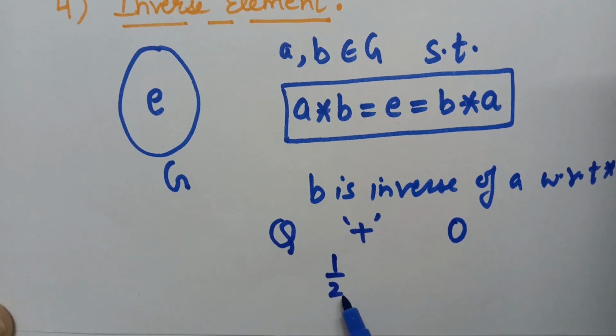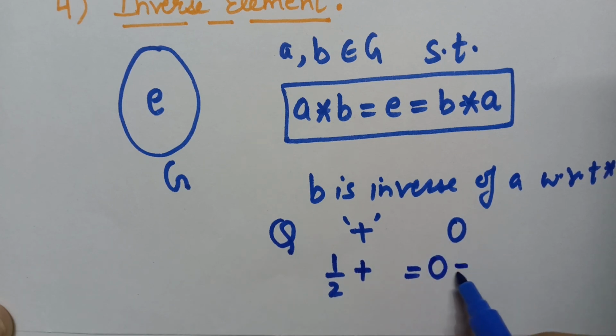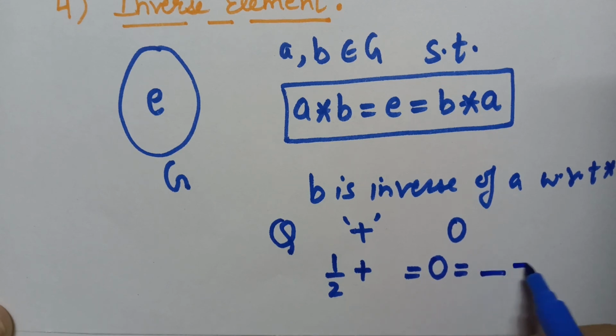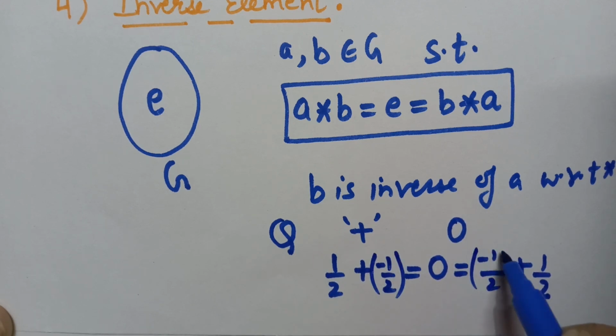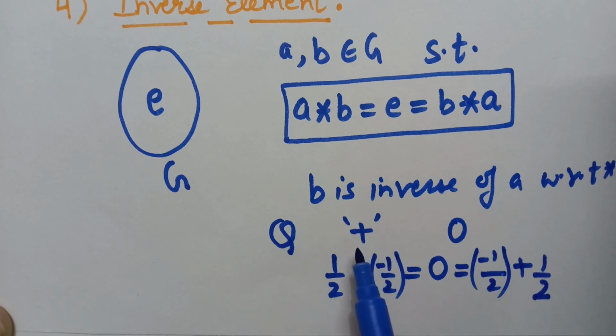That means we have to find such an element in the set of rational numbers which, when added to 1 by 2, we get 0, the additive identity of this set, irrespective of the order in which that element is added to 1 by 2. And obviously such an element is minus 1 by 2.